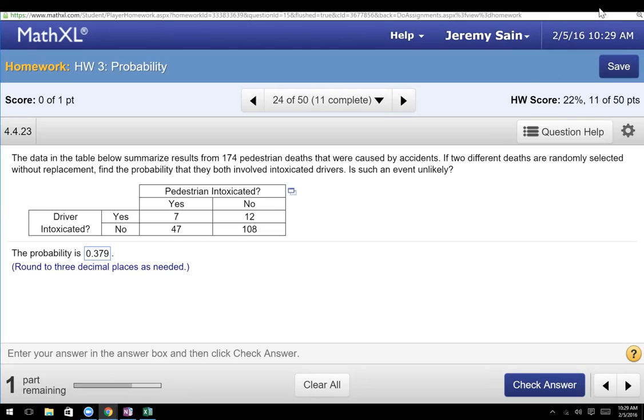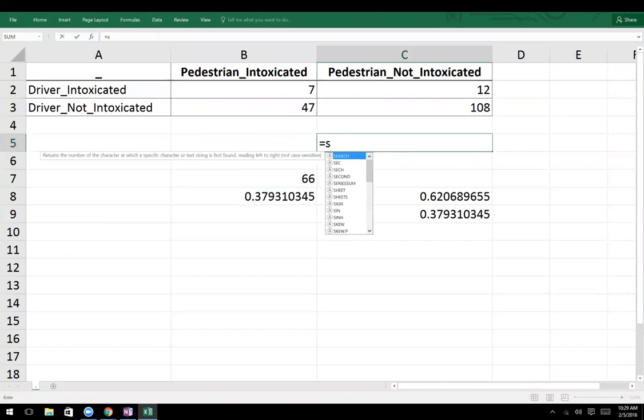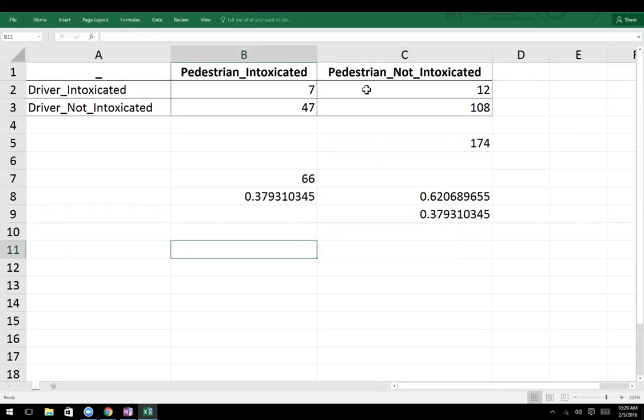So the first one was 66 out of 174. The second one is 65 out of 173. And then if you want both of them to happen, just multiply them together.